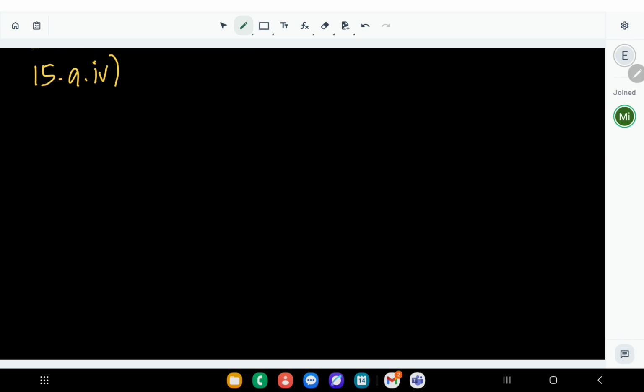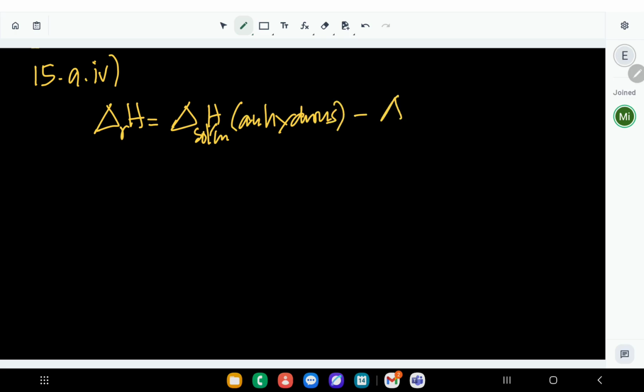We just have to subtract here. So the enthalpy change of the reaction is just the enthalpy change of solution for anhydrous minus the enthalpy change of solution for the hydrated.